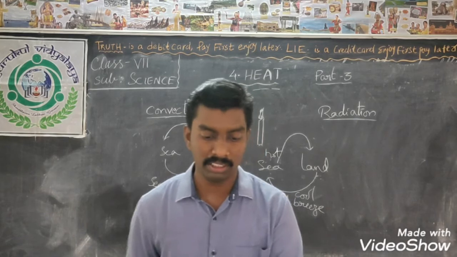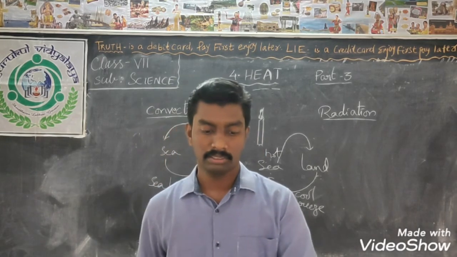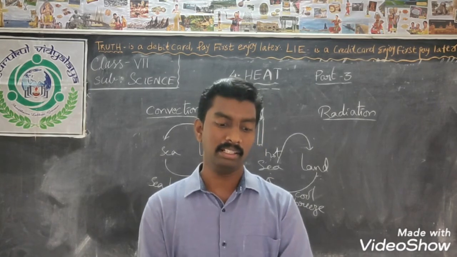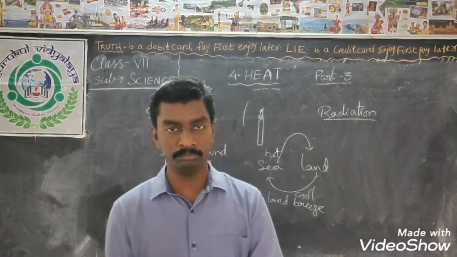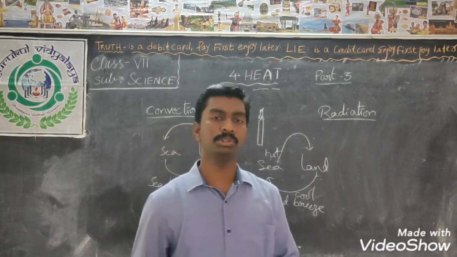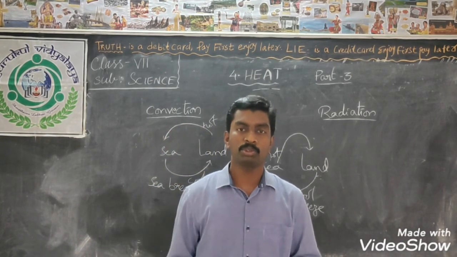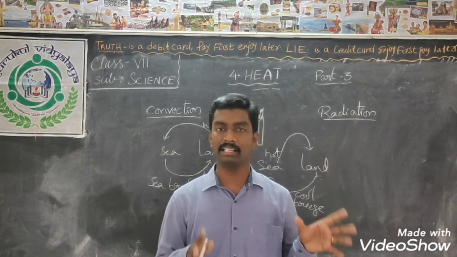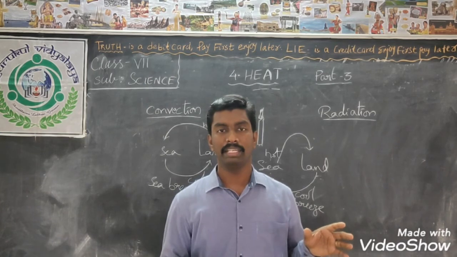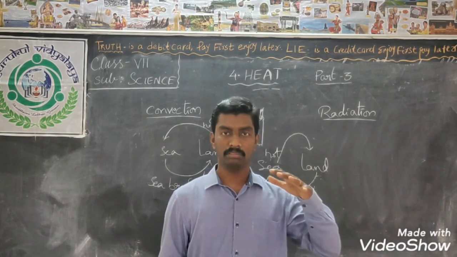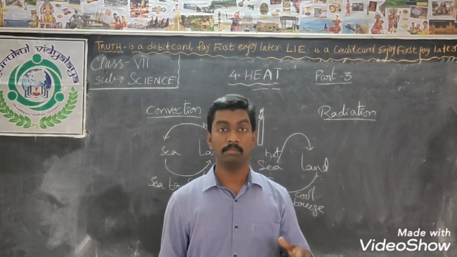Suppose you are given the choice in winter of using either one thick blanket or two thin blankets joined together. What would you prefer? What would you choose? So before choosing, one thing we have to understand. A woolen thick blanket won't allow the heat to go outside. It maintains the heat inside and makes us warm.